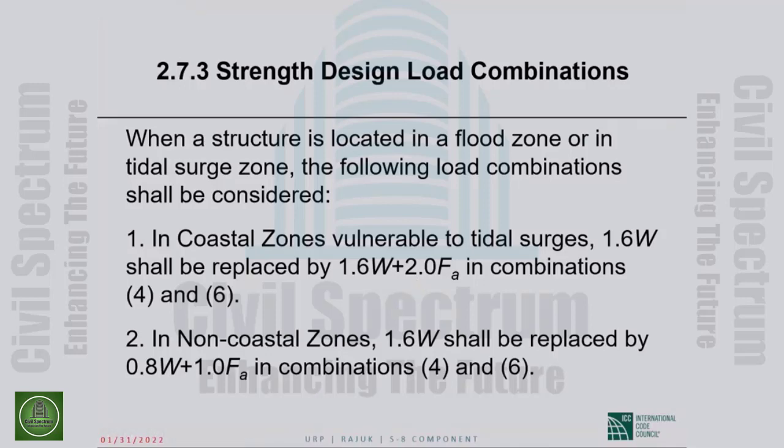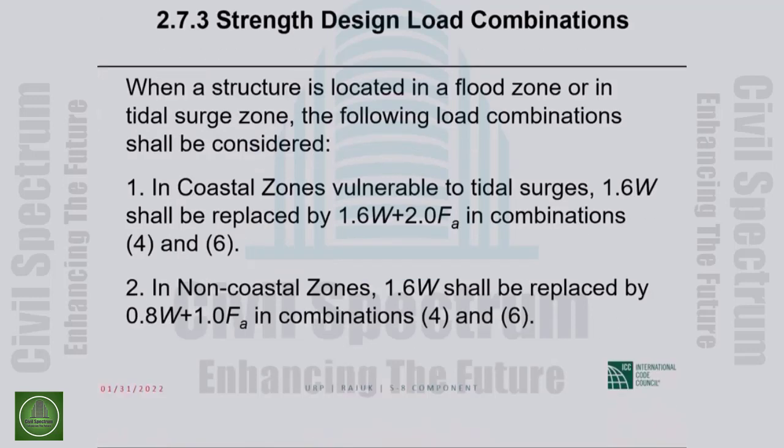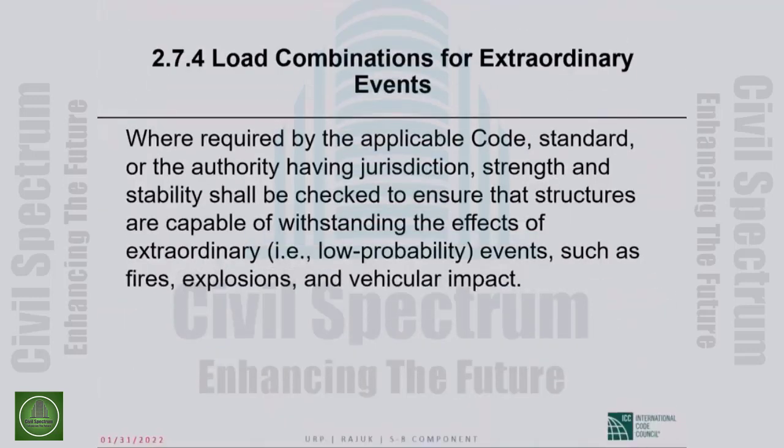In combinations 4 and 6, I won't go back there, you can look that up. In non-coastal zones, 1.6 W shall be replaced by 0.8 W plus 1.0 F sub A in combinations 4 and 6. Okay, so I will talk about that a little bit before I'm through, but anyway, that's where I will leave it.